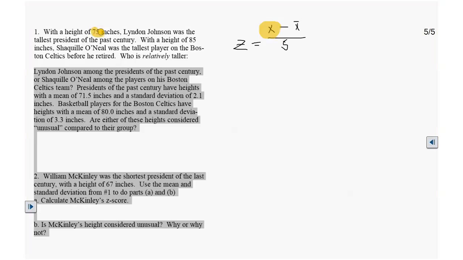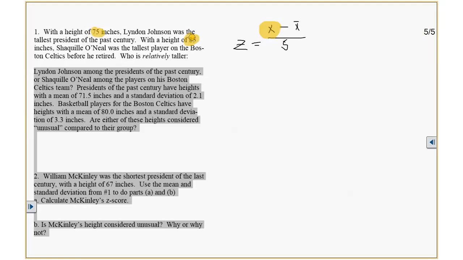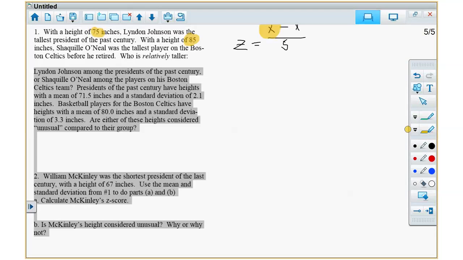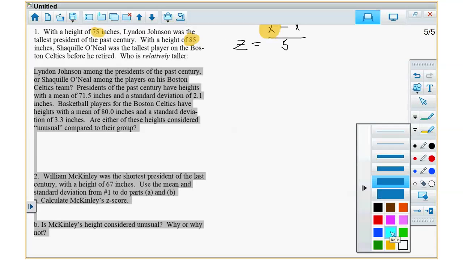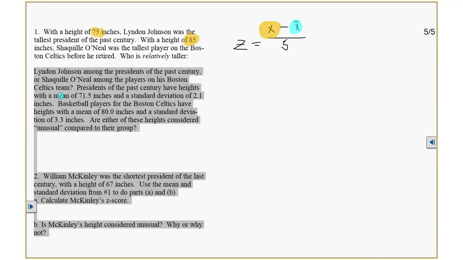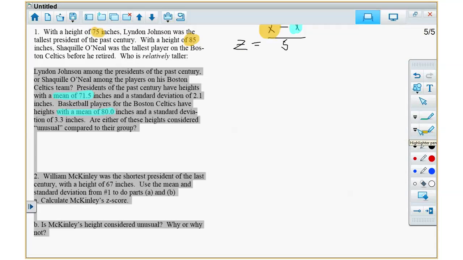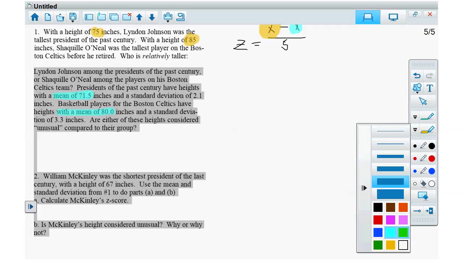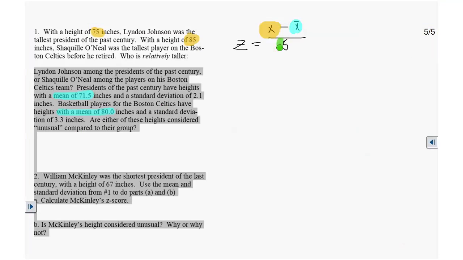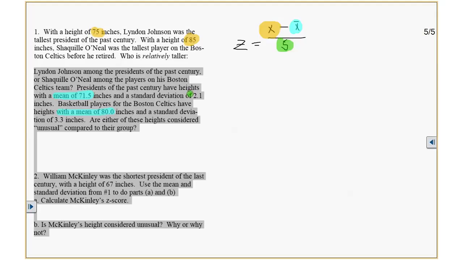There's one X, and there's the other X. Okay, let me get another highlighter and highlight the X bar. There's one X bar, and there's the other X bar. And let me get my handy dandy yellow green highlighter: standard deviation, standard deviation, standard deviation.